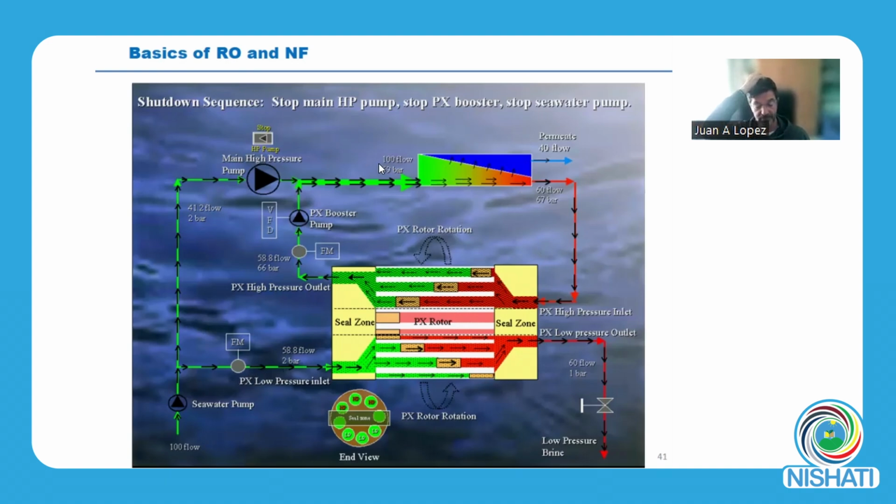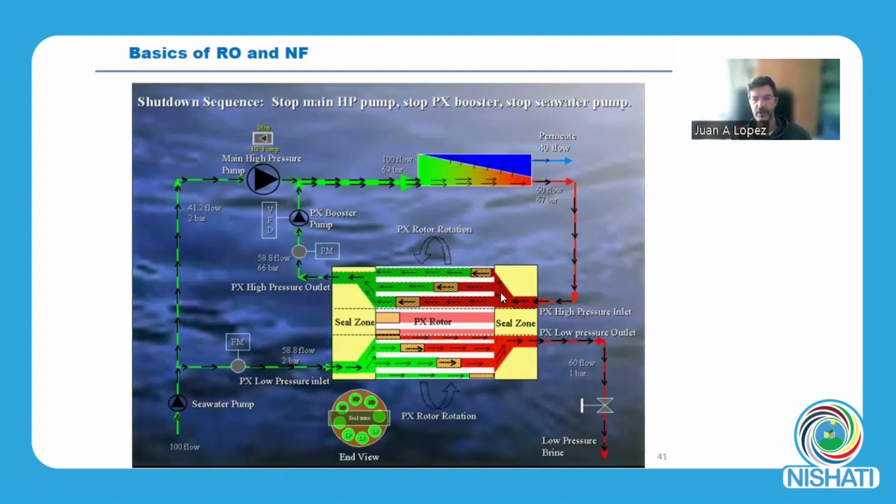We don't have enough time to show it, but the most important thing to take into account is that at the entrance of your desalination membrane you are applying, in this case, 69 bars. You obtain the permeate, and the reject has a lot of pressure, about 67 bars.